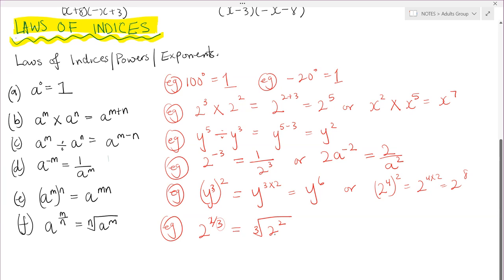And we can put any root into our calculator using the root sign. So if I have a to the power of 5 over 6, this is going to be the 6th root of a to the power of 5. So these rules will help us maneuver and work out our algebraic simplification questions.